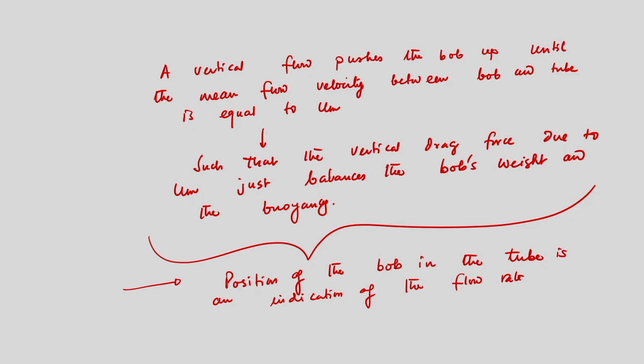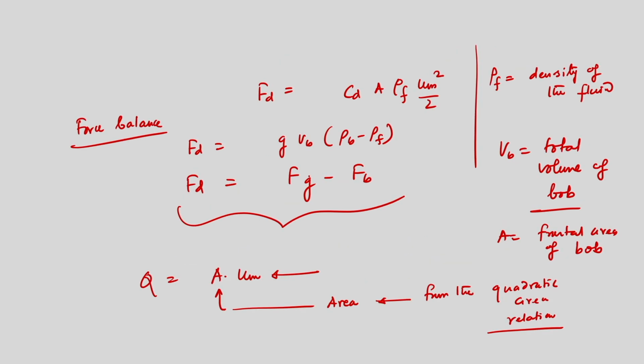But whatever the bob elevation is, it is important because it gives an indication about the flow rate. At that elevated level there will be a mean velocity, and for that there will be a drag. We know the frontal area of the bob, and that drag will be balanced by the bob weight, because the natural tendency of the bob is to remain seated at the bottom.